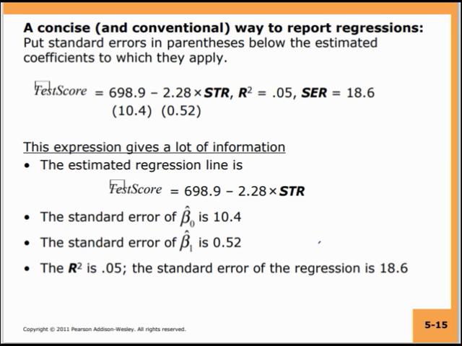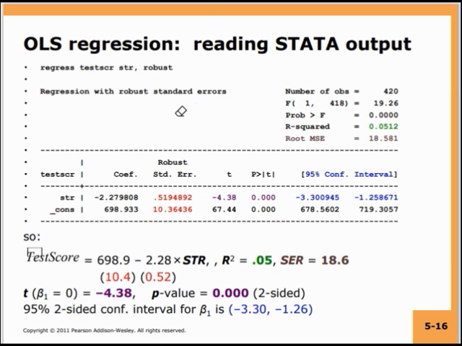So let us look at how the output looks. We have seen this output before. As we said, we have found the coefficients. Here the coefficients have been given. We have looked at the standard errors. The regression output gives you the associated standard errors for the constant, which is the standard error for beta 0 hat, and the standard error for beta 1 hat.